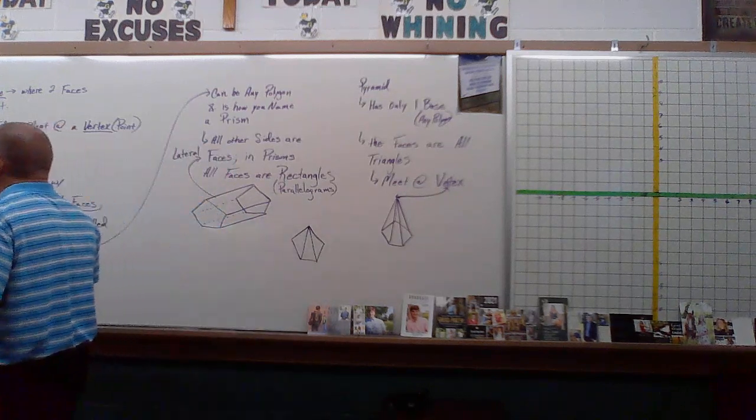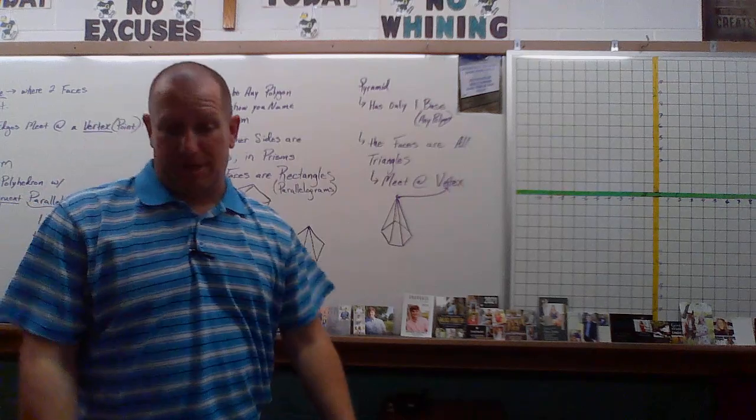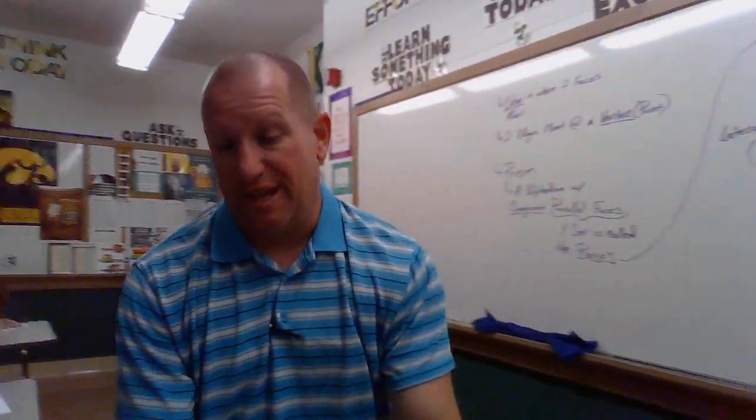The last thing that they introduce in this is an interesting concept. So I want you to try to draw your rectangular prism. So draw a rectangular prism on your paper. One that looks like my Kleenex box.